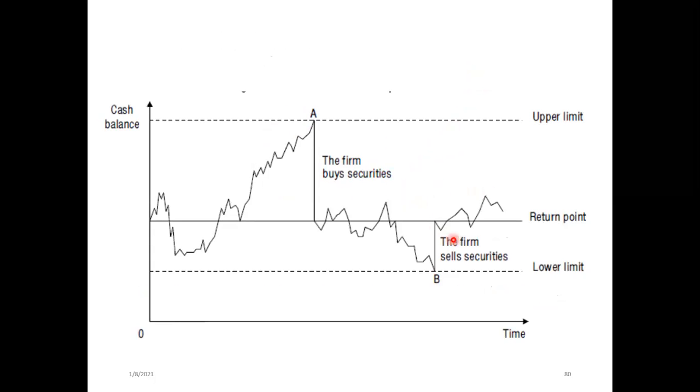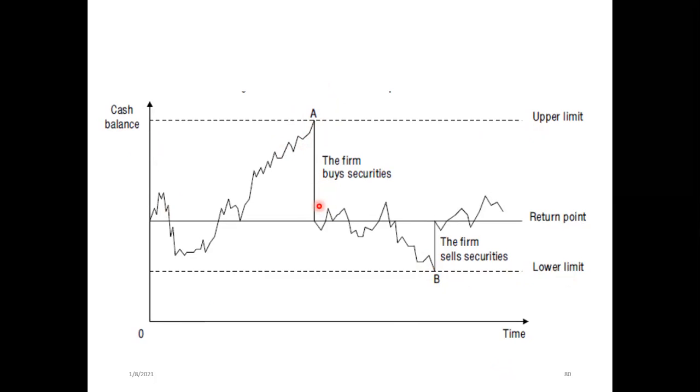It can be explained in this picture also. Here is the cash balance over time, with a low balance here and the upper limit here. At point A, the cash balance reaches the upper limit and the firm buys securities, right?